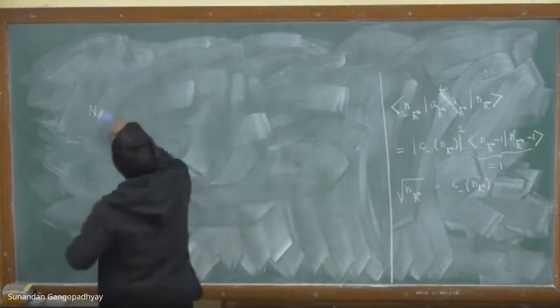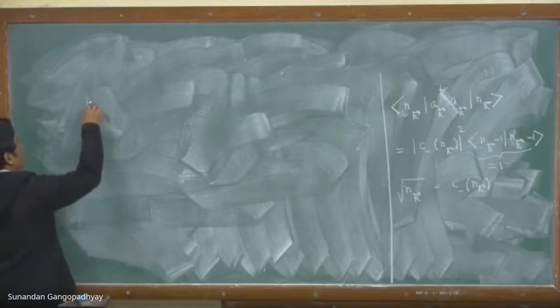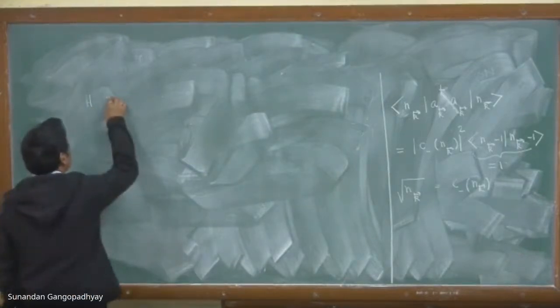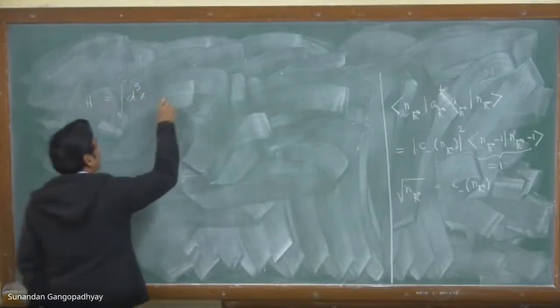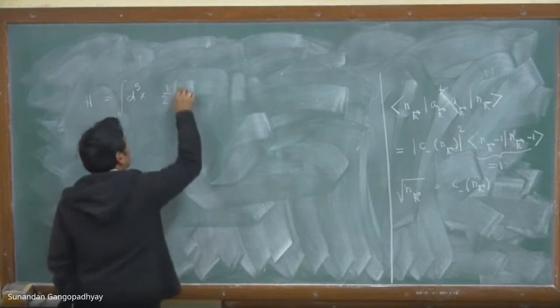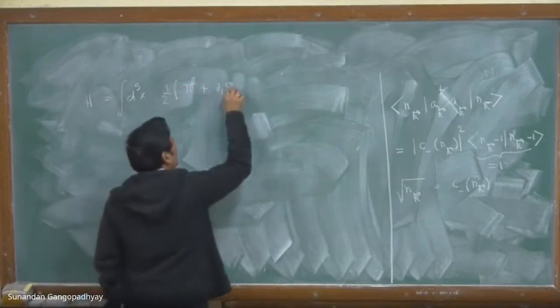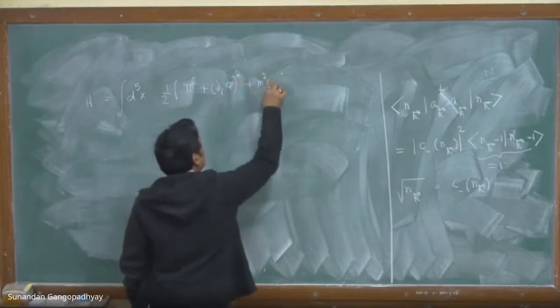Anyway, so now we shall look at the Hamiltonian operator, and this we know, we have already seen that the Hamiltonian operator is nothing but half of pi square plus del phi square plus m square phi square.